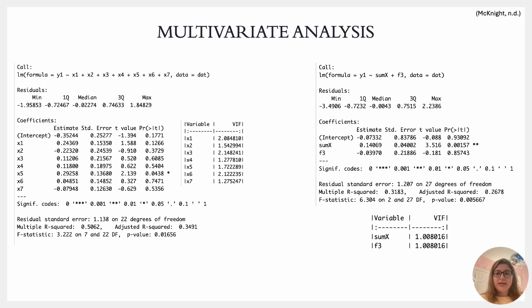So that is accounting for the outliers and the predictors, so it is a little bit lower. And then we have an F statistic of 3.22 that's telling us that the model is statistically significant because we can see that the p-value is less than 0.05. So with a p-value of 0.016.